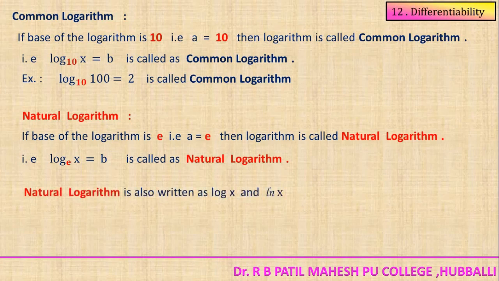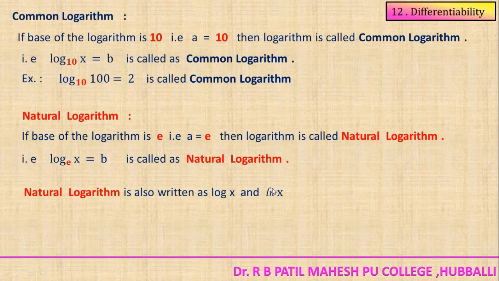So natural logarithm is also written as simply log x, that is, without writing base e. Here you can see that it is just log x, and the base is not mentioned, which means that it is a natural logarithm, or ln x. ln x means logarithm of x number, base is e only.